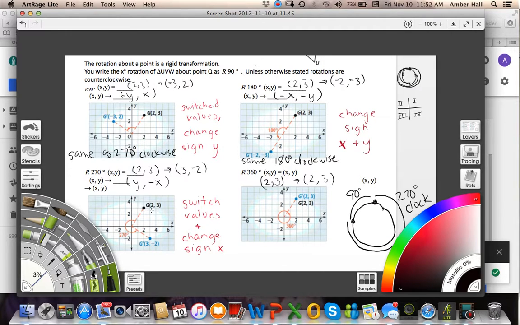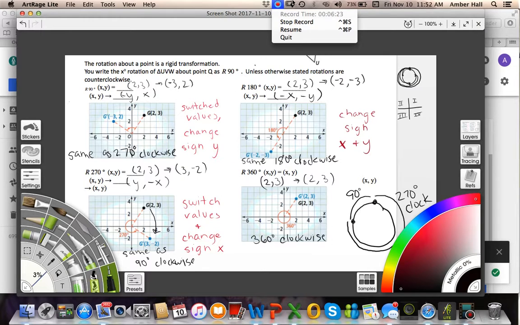So to get to the same place but clockwise, I just have to go 90 degrees. Same as 90 degrees clockwise. And then when I'm going around a circle, 360 degrees one way is the same as 360 degrees the other way. We both always just end up back in the same place. And if you'll notice on your flashcards, we have written both clockwise and counterclockwise on the same sheet. So I'm going to stop this video and I'll start again on the next one.